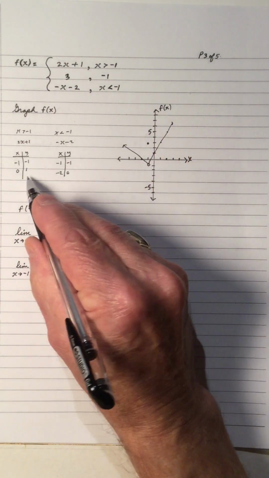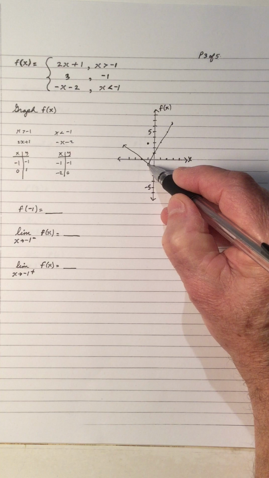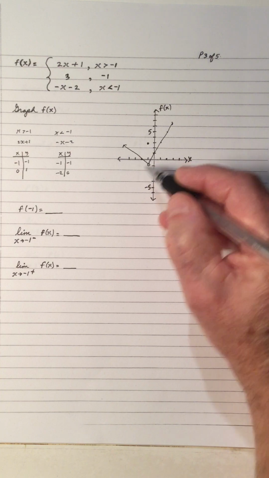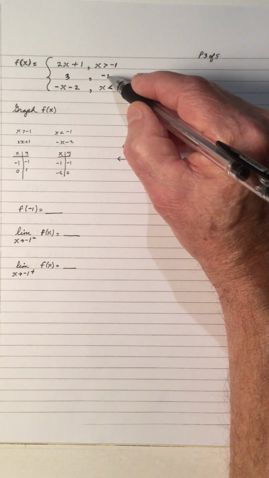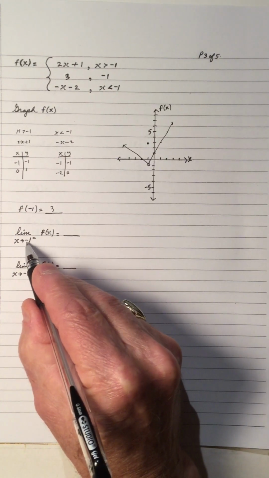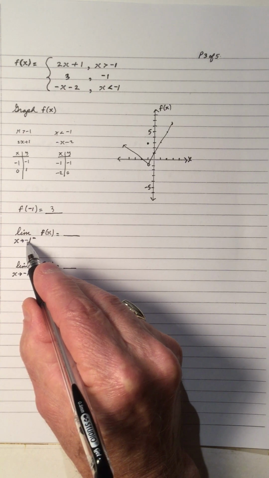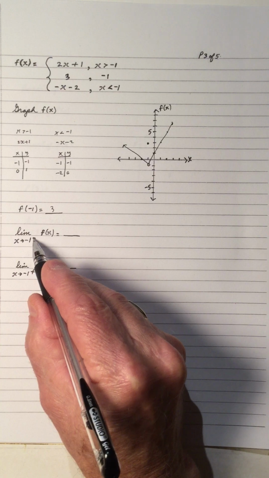Both of these have the same point, -1, -1, but that's a hollow dot. So what's f of -1? The f of -1 is 3. And what's the limit of f of x as x approaches -1 from the negative, the left side?